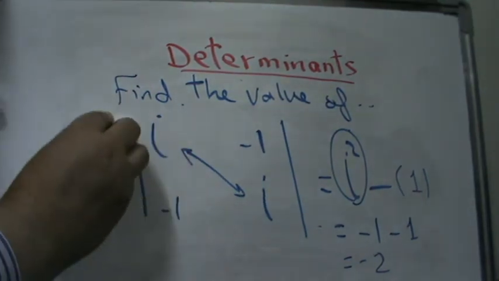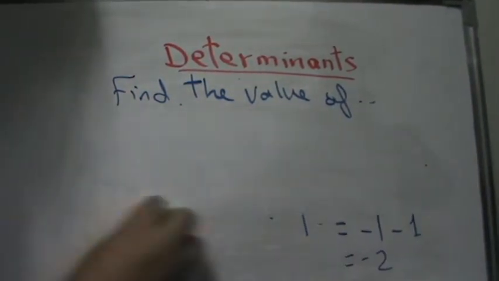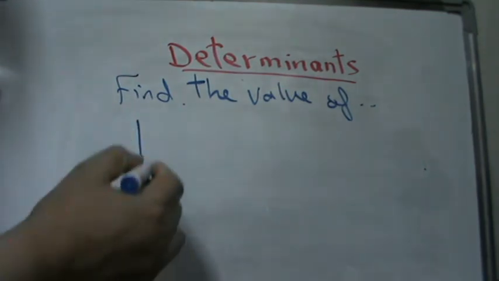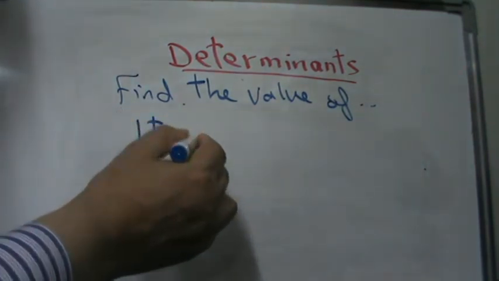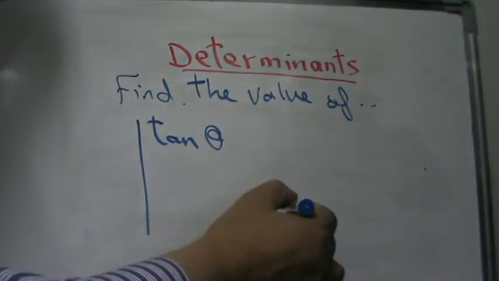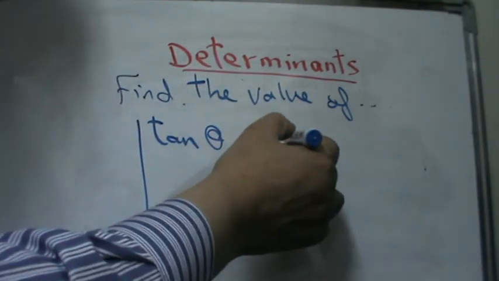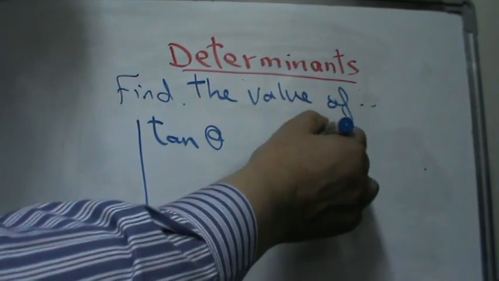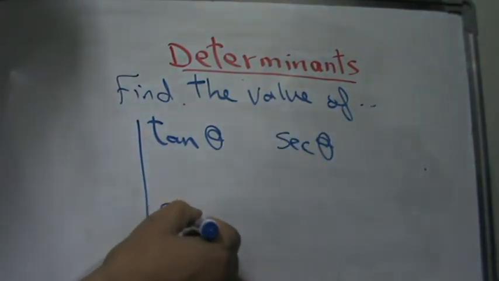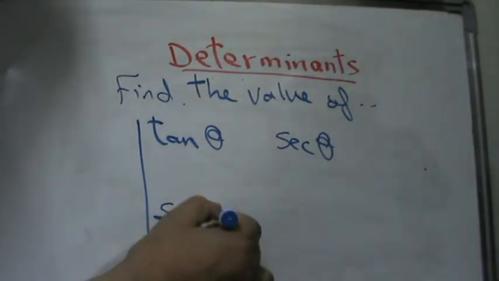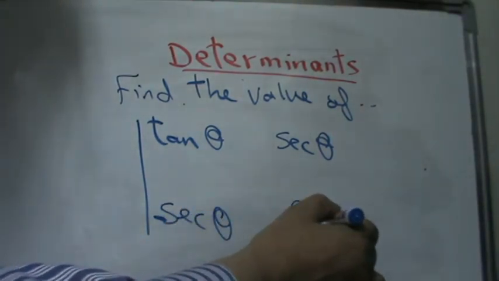Another example. Find the value of the determinant with tangent theta, secant theta, negative secant theta, and cotangent theta.